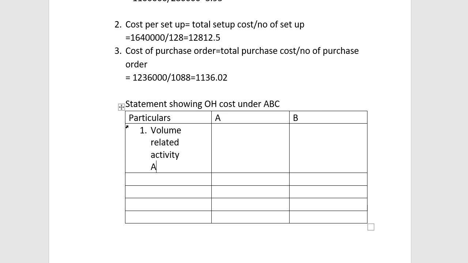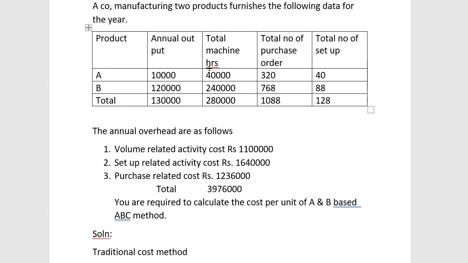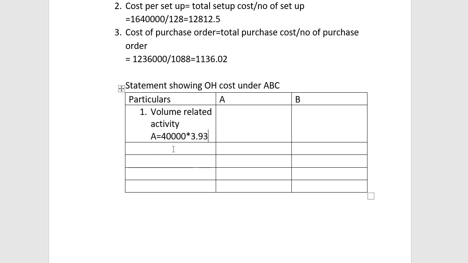For A, the volume related activity cost per hour is 3.93, and the total machine hours is 40,000 for A and 2,40,000 for B. Therefore, volume related activity for A equals 40,000 multiplied by 3.93, which comes to 1,57,200.